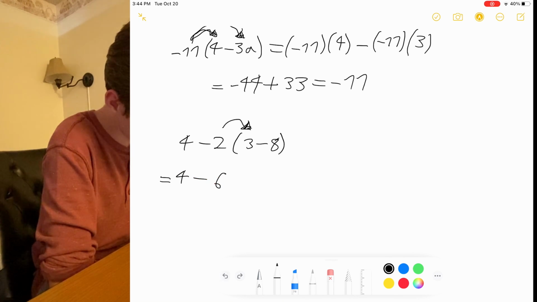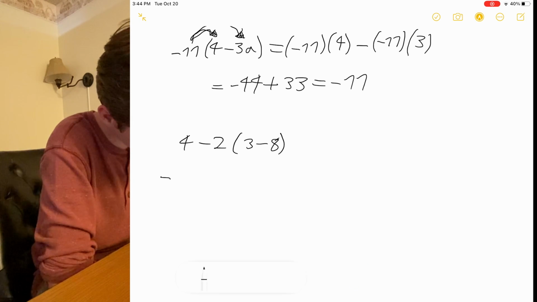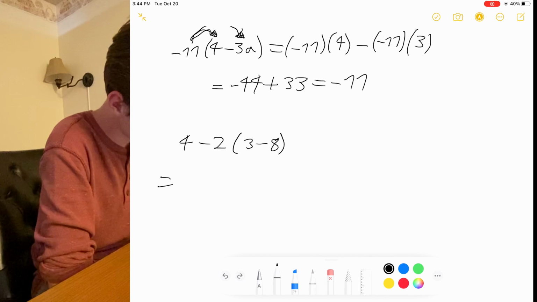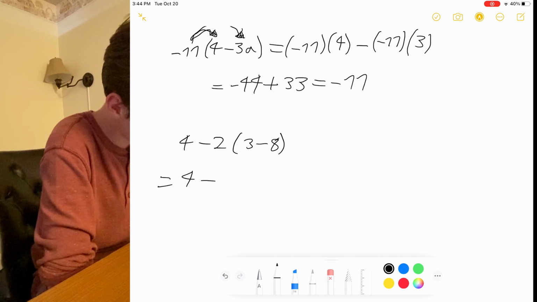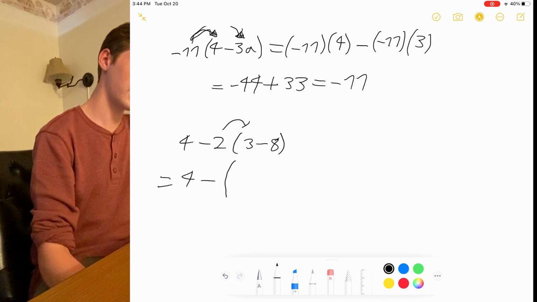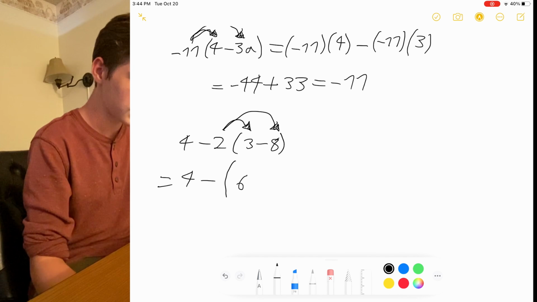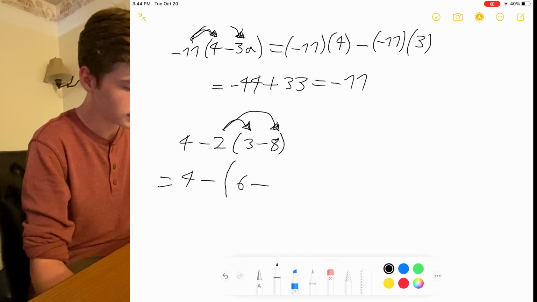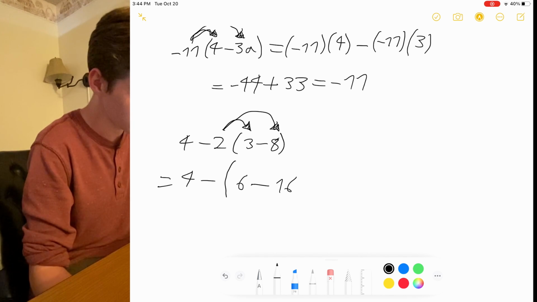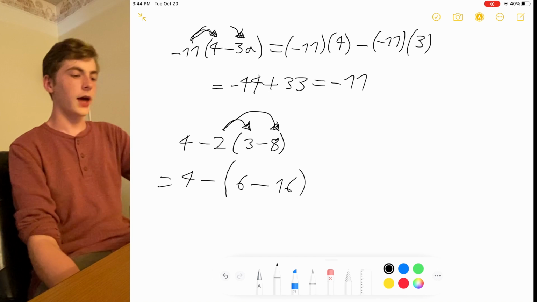Or if you wanted to, if you like this way of writing it better, you could say it equals 4 minus, put a parentheses around this, right? So now you do this stuff. So that's 6, keep the minus, and now 2 times 8 is 16, right? So that is correct.